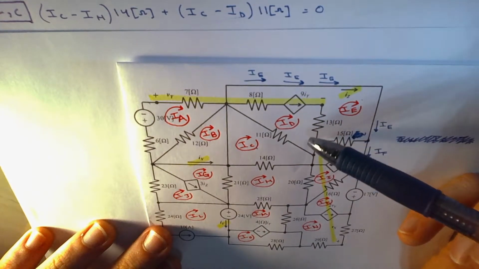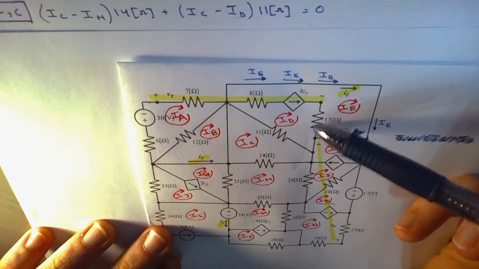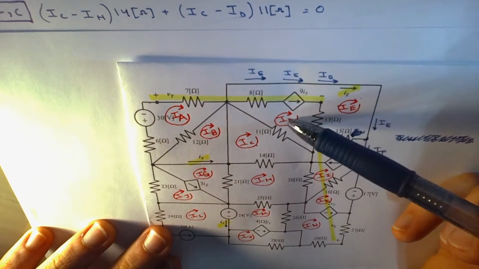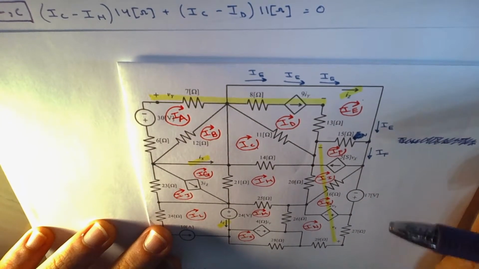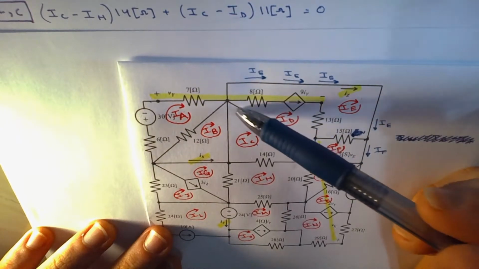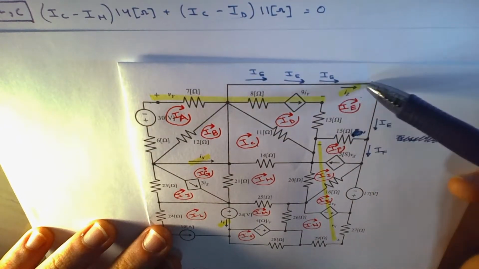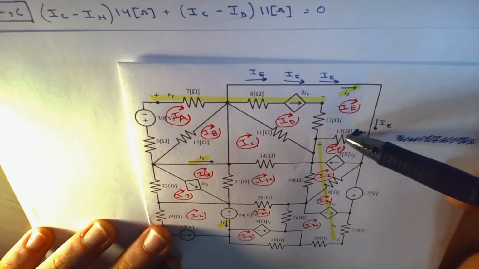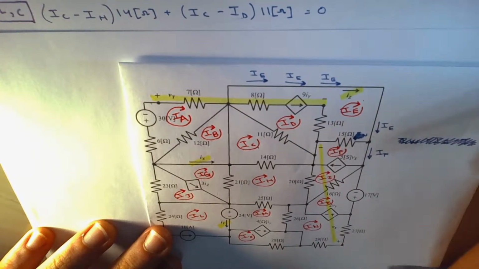So we're going to neglect the branch that's between these two currents, and we're going to do KVL through this 11 ohm resistor, through this very long short, and through this 15 ohm resistor. And that's it.